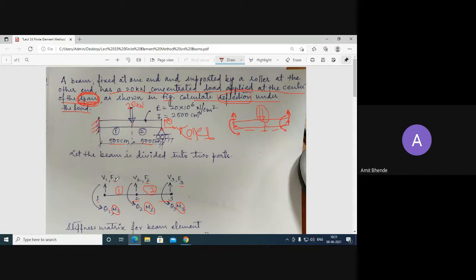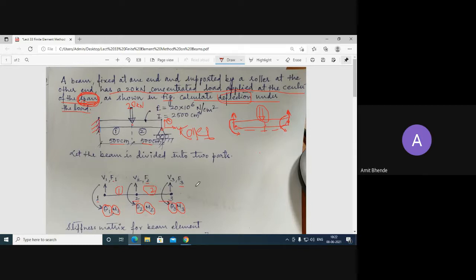Okay, so V1, V2, V3 are the linear displacements because of the linear loading F1, F2, F3. But apart from the linear loading, these nodes are also acted upon by the angular loading or moments, and because of this, these nodes will undergo angular displacements as well. So theta 1 is the angular displacement of node 1, theta 2 is the angular displacement of node 2, and theta 3 is the angular displacement of node 3.